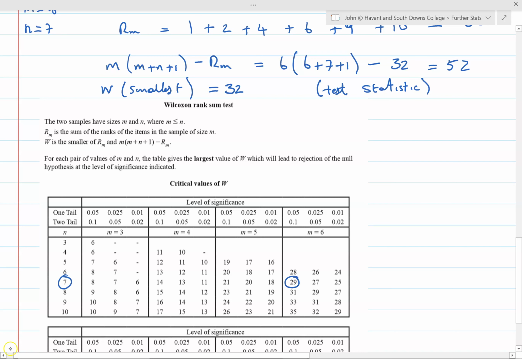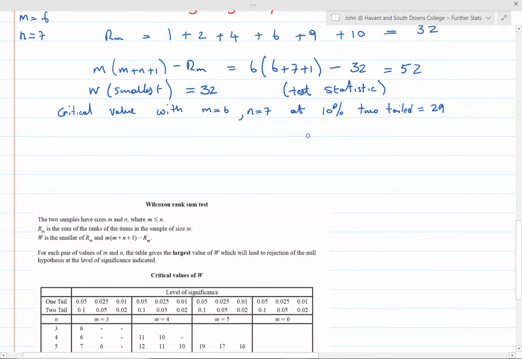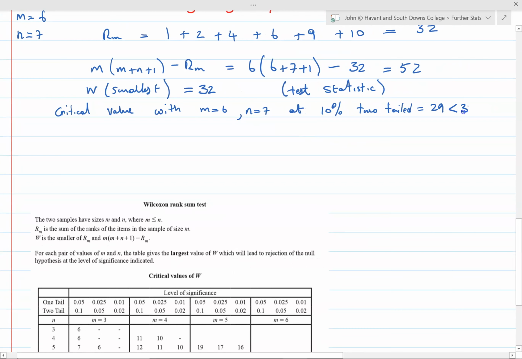So let's make some space here. So the critical value with M equals 6, N equals 7 at 10% two-tailed equals 29, which is less than, let's write it over here, is less than 32.